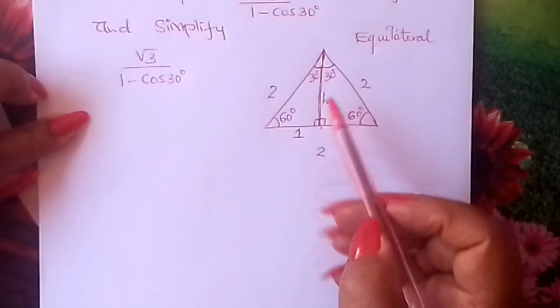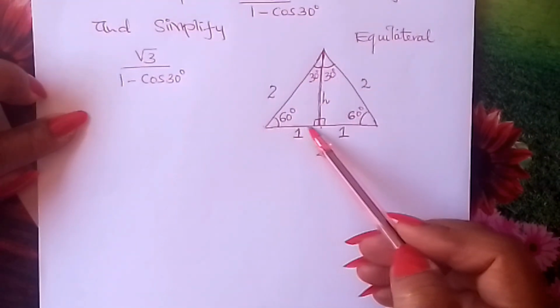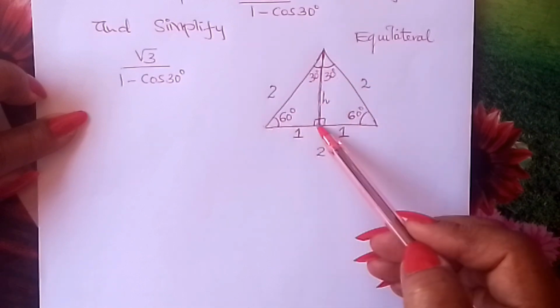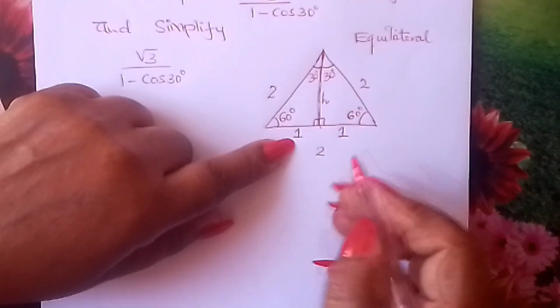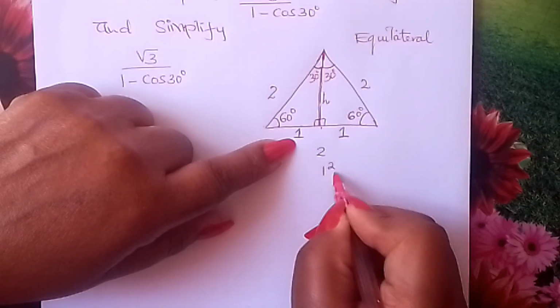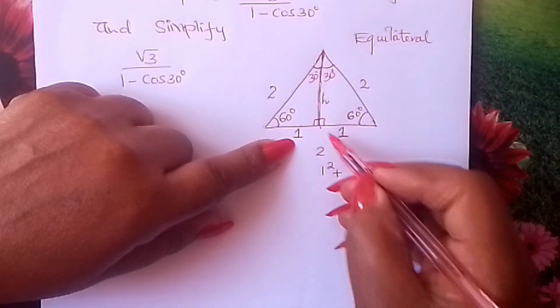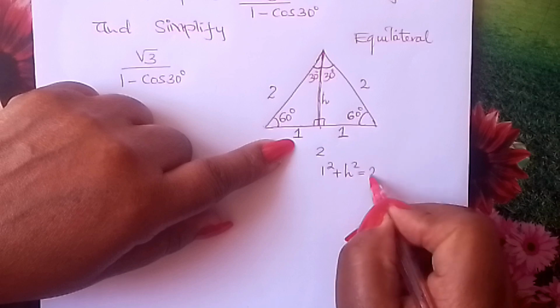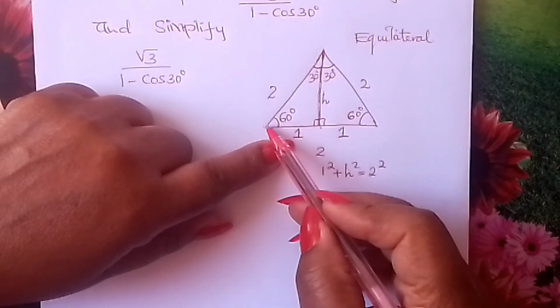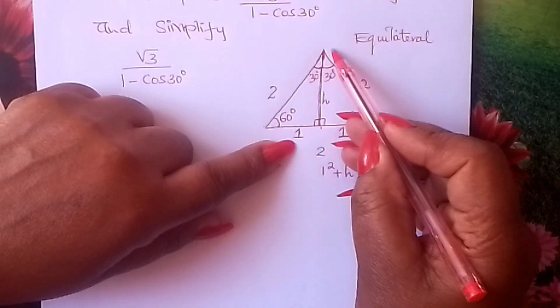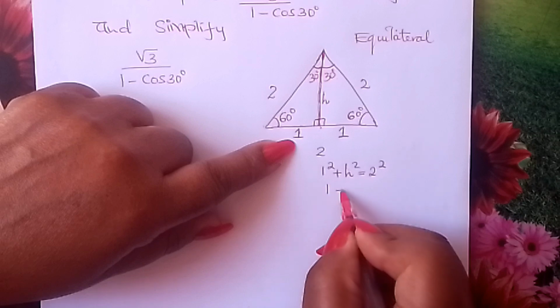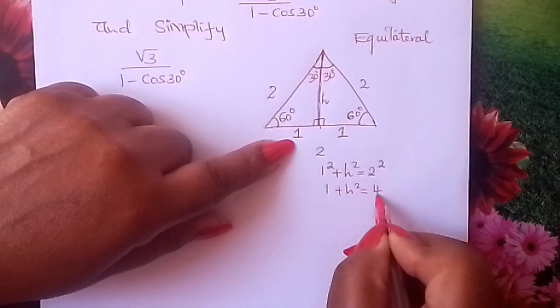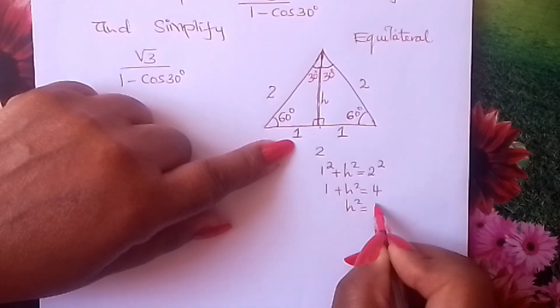Using Pythagoras theorem, 1 squared plus h squared is equal to 2 squared. So 1 plus h squared is equal to 4.